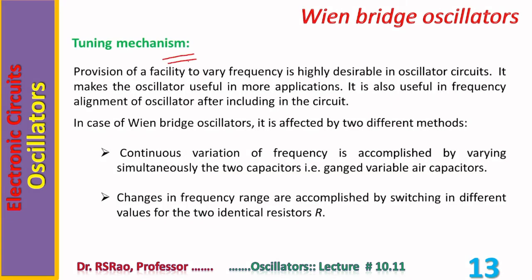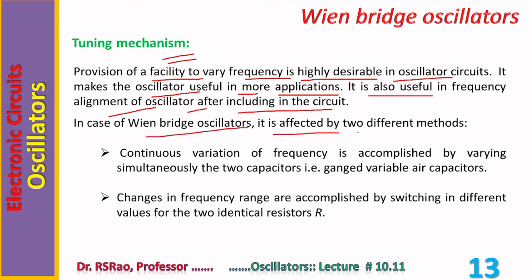Tuning mechanism. Provision of a facility to vary frequency is highly desirable in oscillator circuits. It makes the oscillator useful in more applications. It is also useful in frequency alignment of the oscillator after including it in the circuit. In the case of Wien bridge oscillators, it is effected by 2 different methods.